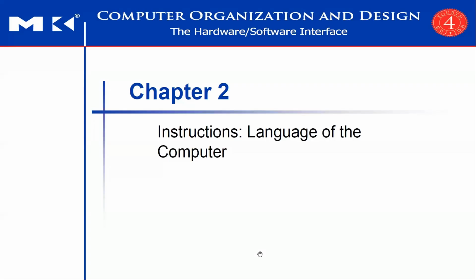So if you want to execute a program written in a language like C, you first need to convert that program into something that the computer can understand. What the computer can understand is the instructions or the assembly. So we call the instructions the language of the computer because of this reason. And in this course, you will be looking at this language of the computer.